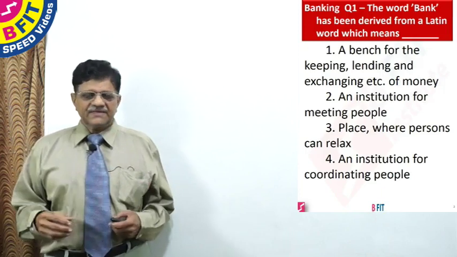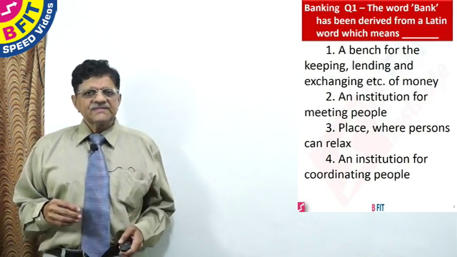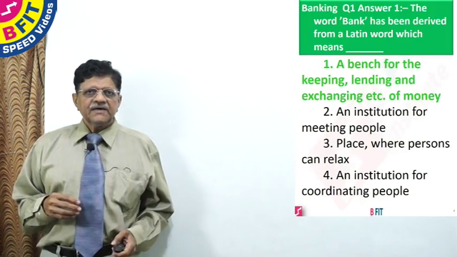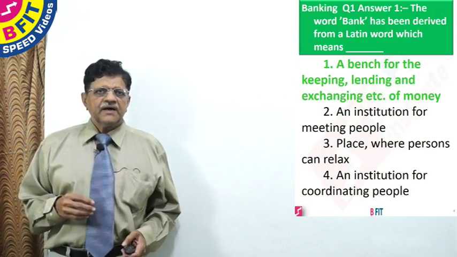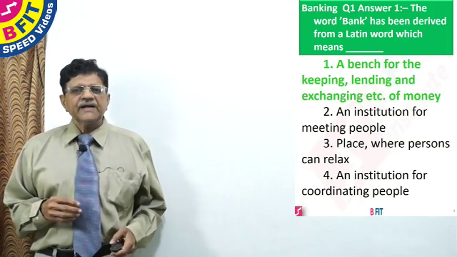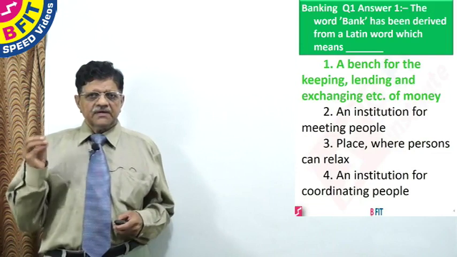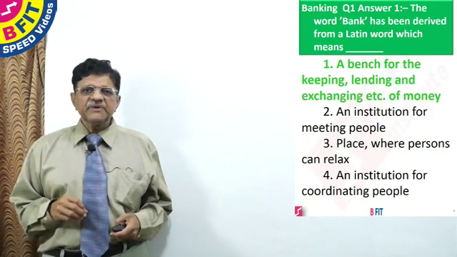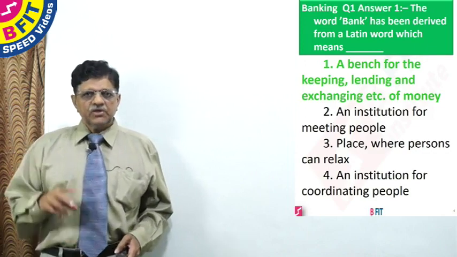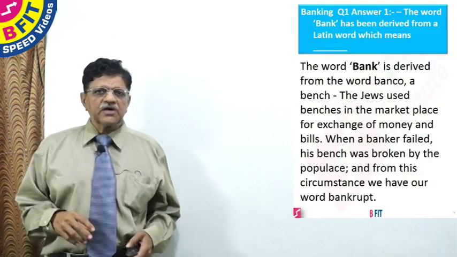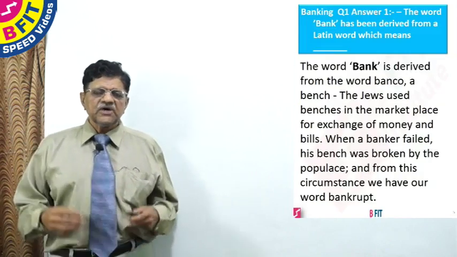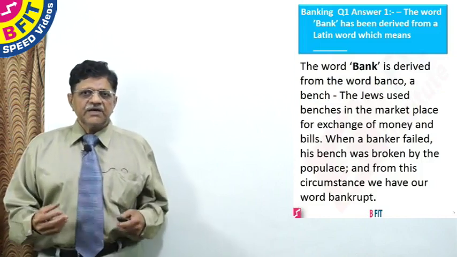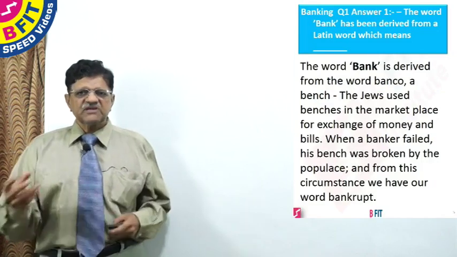We have already seen that the answer is a bench for the keeping, lending and exchanging of money. The word bank is derived from the word bancus, which means bench. In the good old days of ancient Rome, the Jews used to sit in a bench and exchange money and do the business of banking.